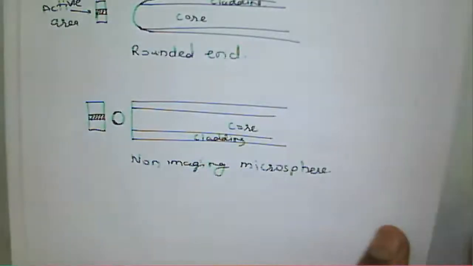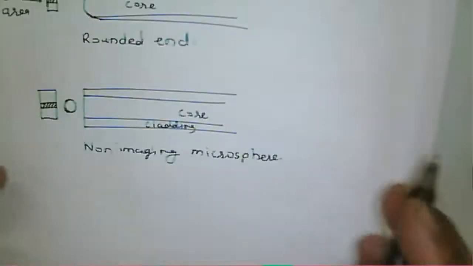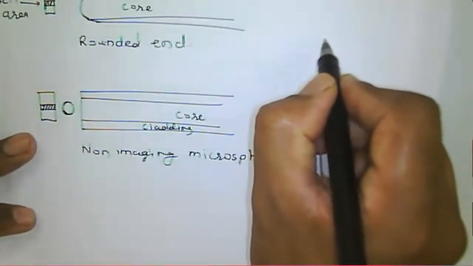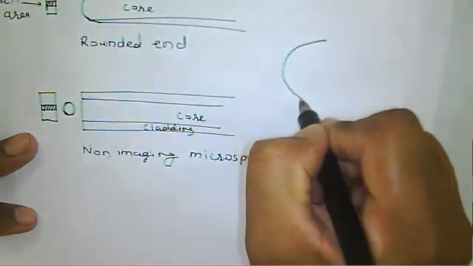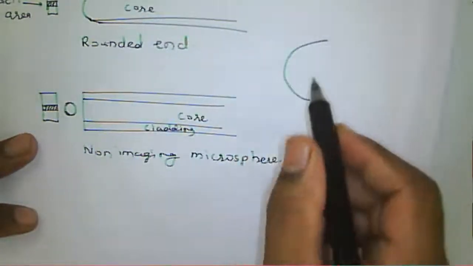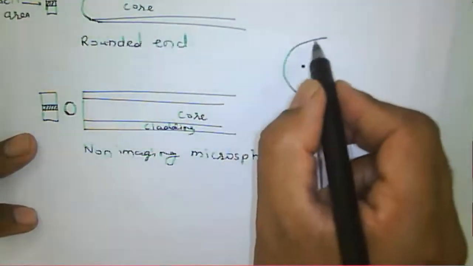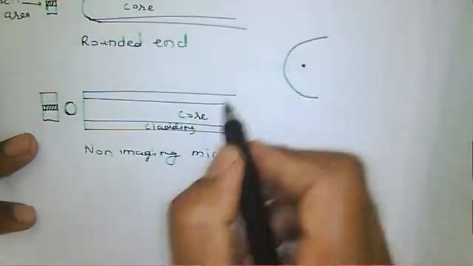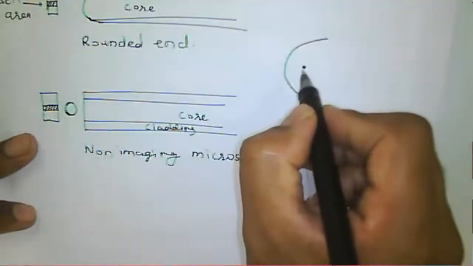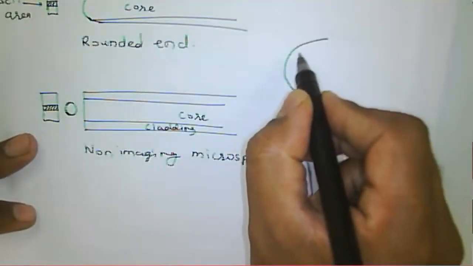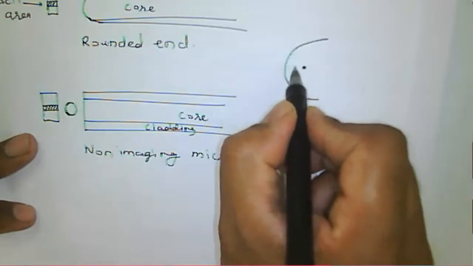So what do we mean by a focal point? Just like for some elliptical or spherical shape, somewhere at the center of that ellipse or circular shape, suppose this is a focal point.